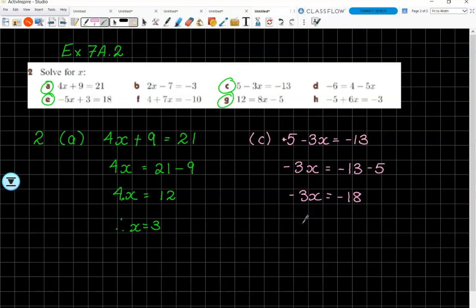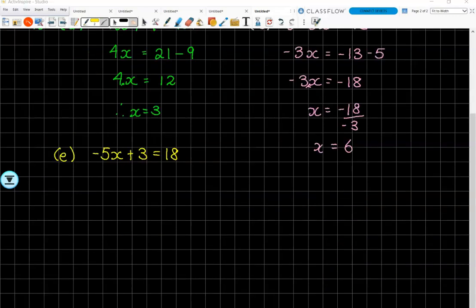The rest of them, because it took them so long, will have to go through and go, well, how do I get rid of a times -3? Opposite of timesing -3? Dividing. Negative divided by negative is a positive. 18 divided by 3 is 6. But you knew that straight away. You don't have to put that extra line in.